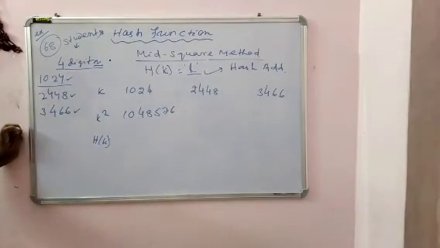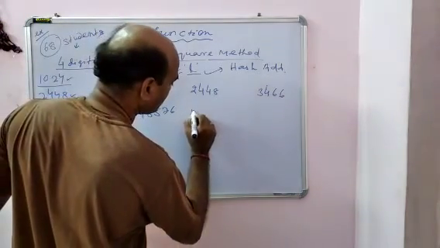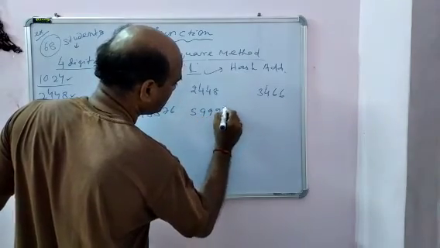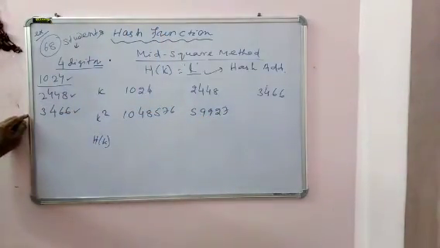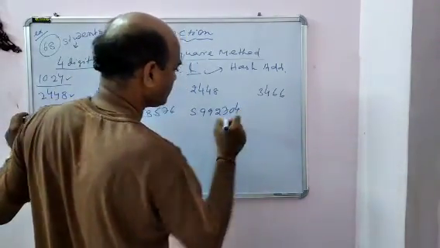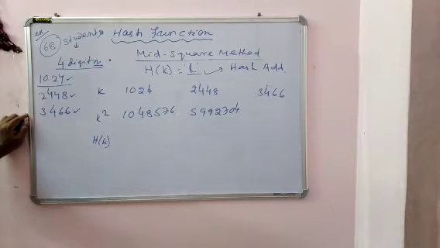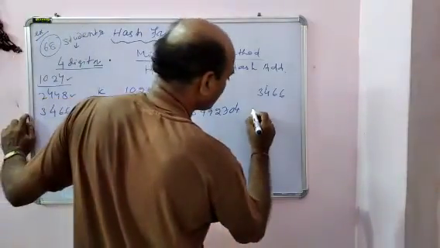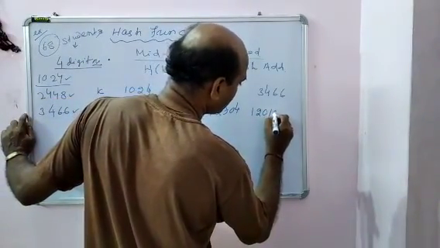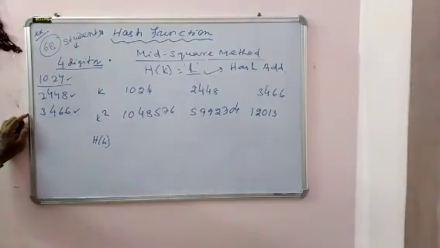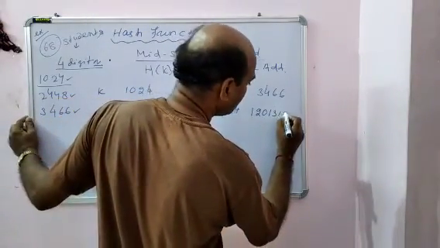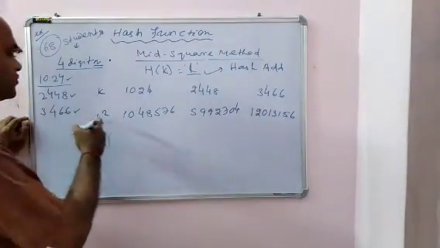Similarly, the square of 2448 is equal to 5992704. Similarly, for the key value 3466, the square will be equal to 12013156. This is the k square.